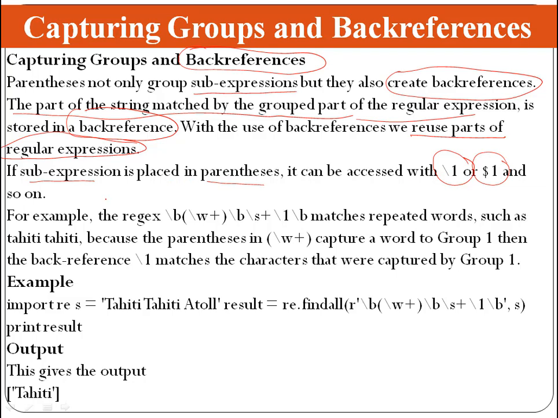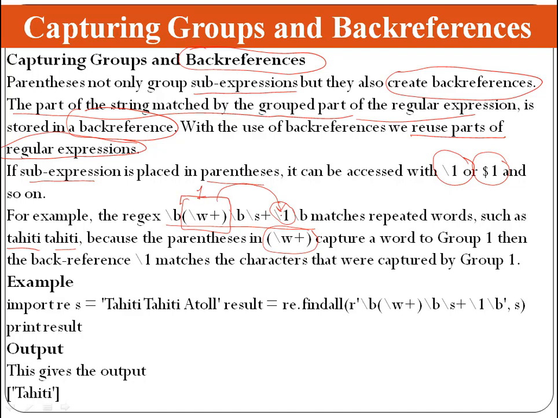Let's see the example. This is the regular expression that has been given, and here is the back reference. It matches repeated words, such as Tahiti Tahiti. The parentheses here form the sub-expression, which is back referenced over here because it is the first sub-expression.